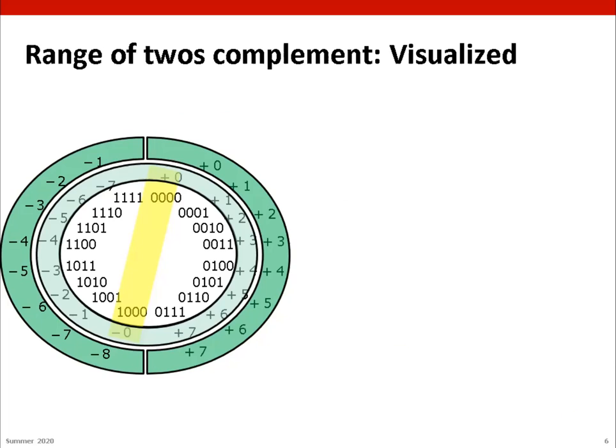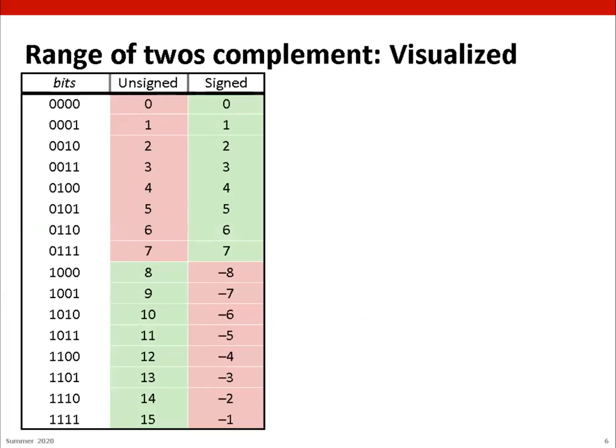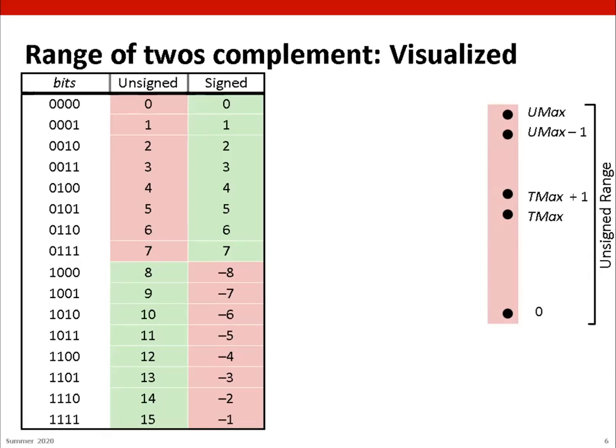And if we flatten this circle, this is the flat version of our unsigned and signed values for a 4-bit representation. And to have a clearer view, here on the right, we have the full range of all the possible values for the unsigned representation. It goes from 0 to Umax, that is the unsigned maximum. And in our particular case of a 4-bit number on the left, the range goes from 0 to 15.